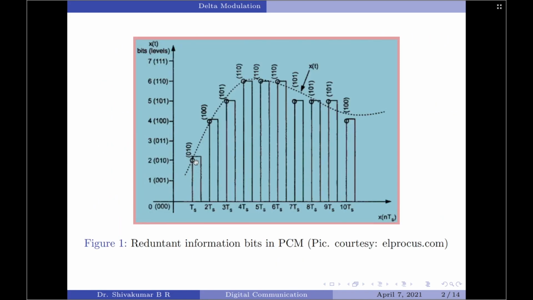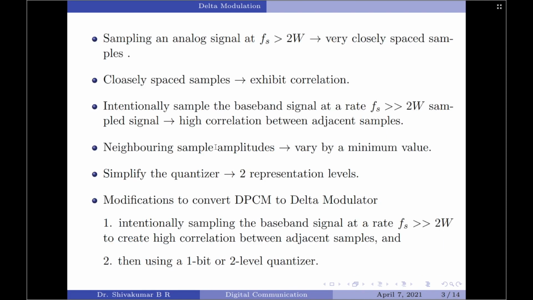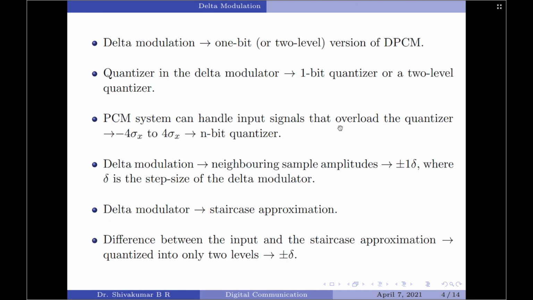Coming back to the waveform here, we see the sample amplitudes of the first and second sample vary by a value which is greater than the step size of the quantizer. In fact, when we were discussing the derivation for signal to quantization noise ratio of both the mid-riser as well as mid-thread quantizer, we mentioned that it is possible to have an amplitude variation from -4 sigma x to +4 sigma x, where sigma x represents the standard deviation of the input signal.